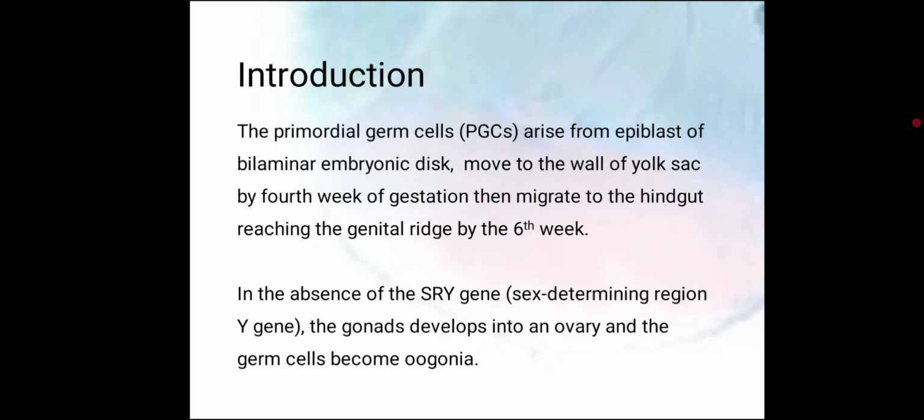First of all, we'll talk about primordial germ cells, which arise from the epiblast of the bilaminar embryonic disc. What is a bilaminar embryonic disc? If we divide early intrauterine development, it is divided into three stages: germinal stage, embryonic stage, and fetal stage.